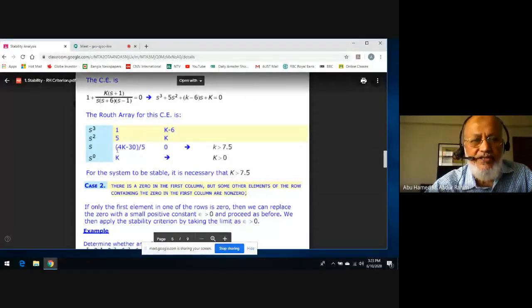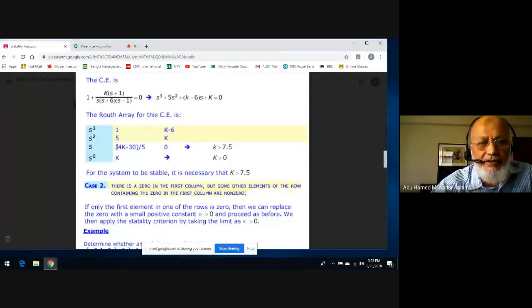The first element, be careful if you did not understand last time, will be 5 times k minus 6, minus 1 times k, divided by 5. Check if this comes to this.